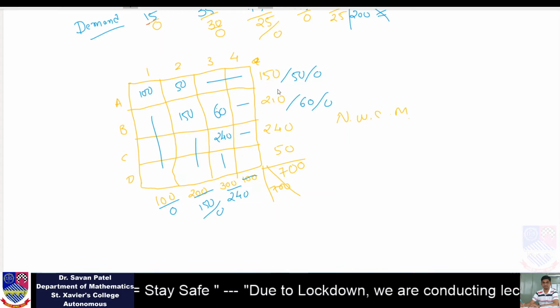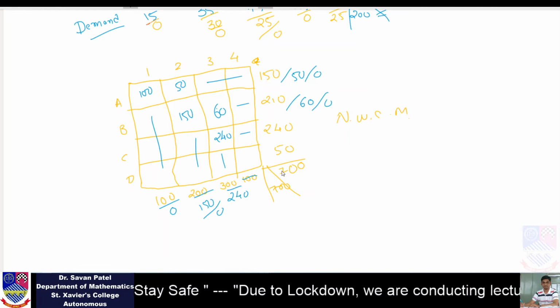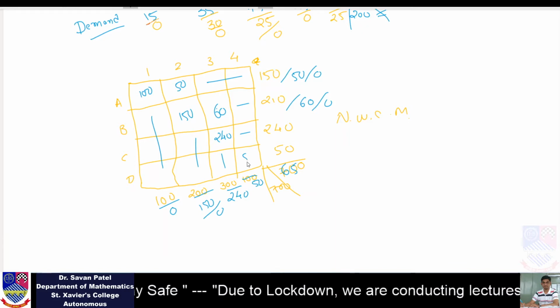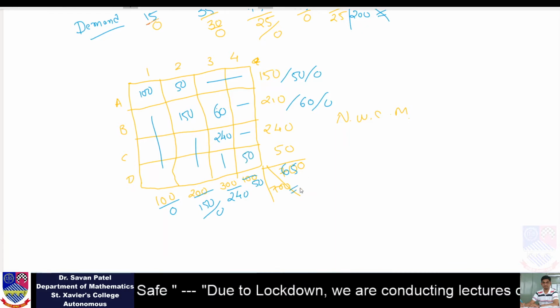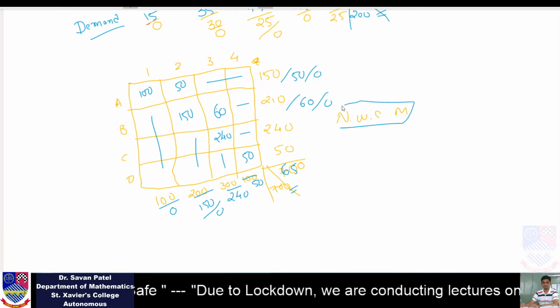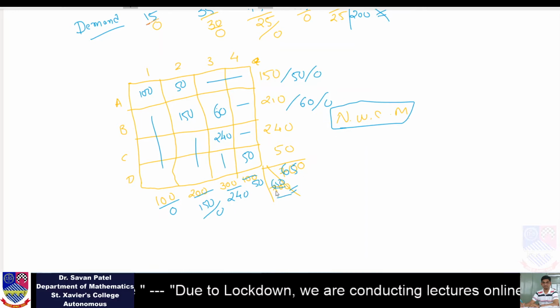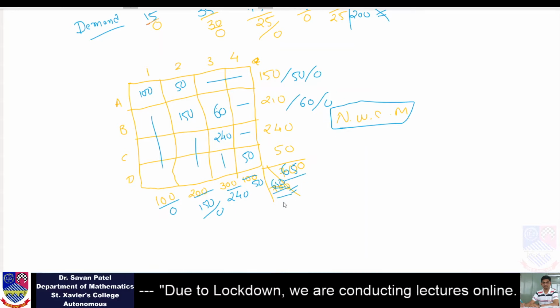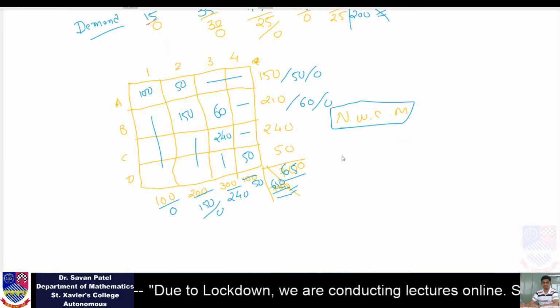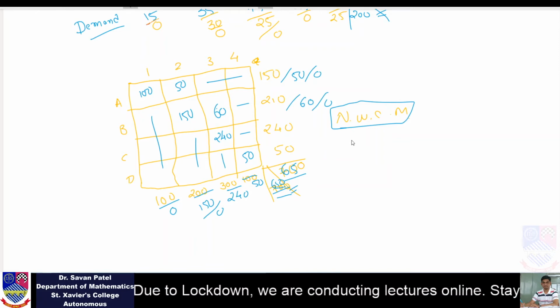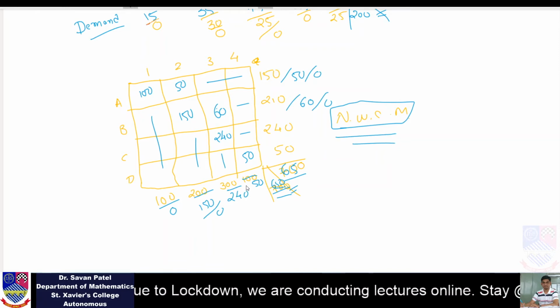Here the sum is 650. Sorry, here it must be 50. So here it is again 50. To get the solution via the northwest corner method, we know that both sums should be the same. So both sums are 650, and this is our initial basic feasible solution via the northwest corner method.